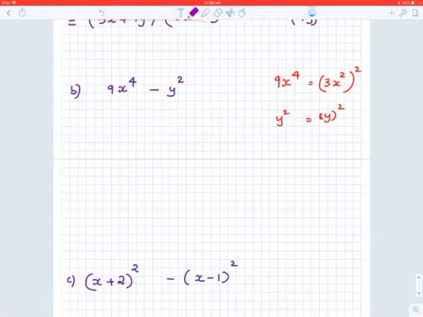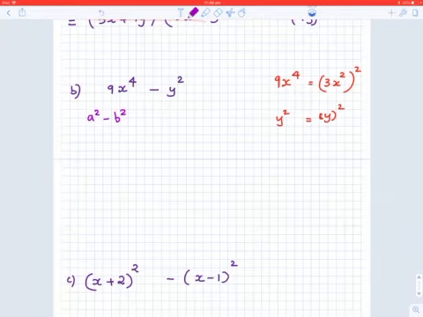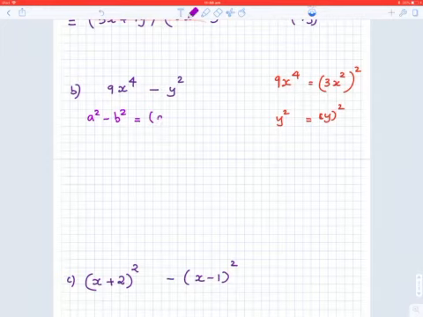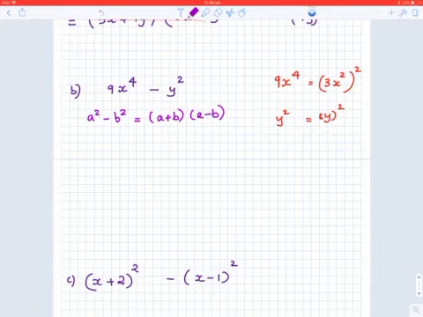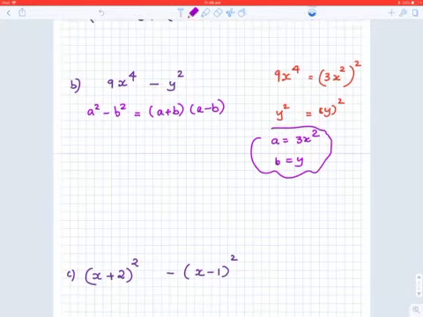Because we have two terms and both are square numbers, this is of the form a squared minus b squared. We know a squared minus b squared can be factorized as a plus b times a minus b. In your question, a is 3x squared and b is y.